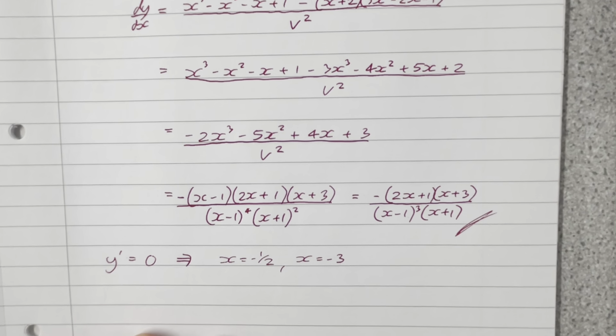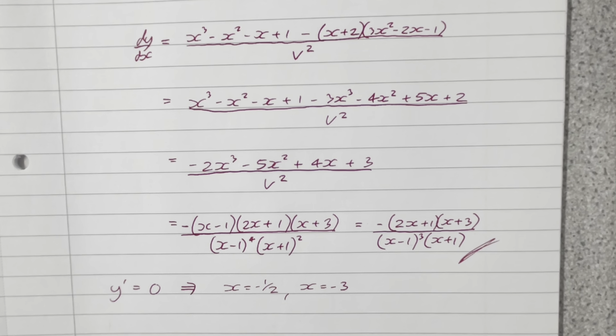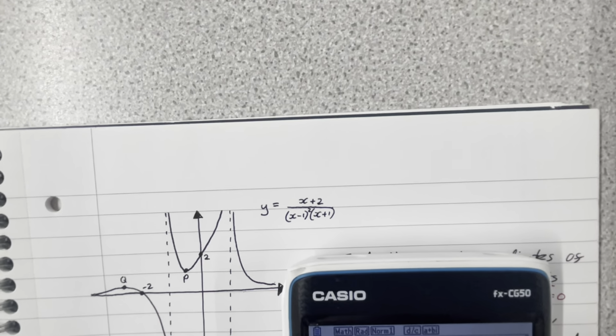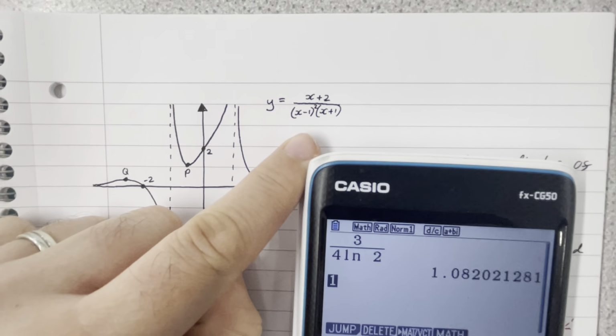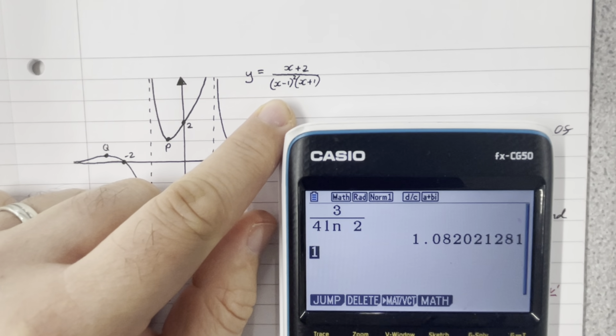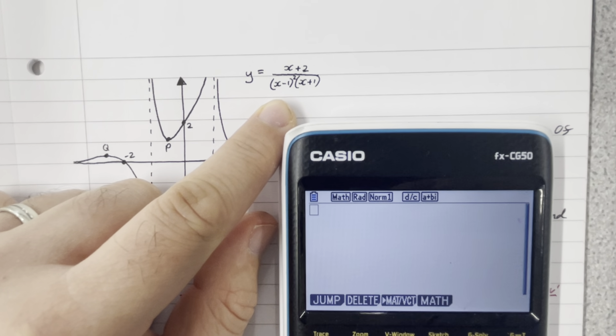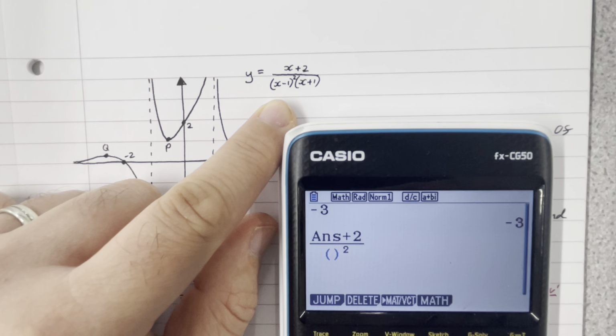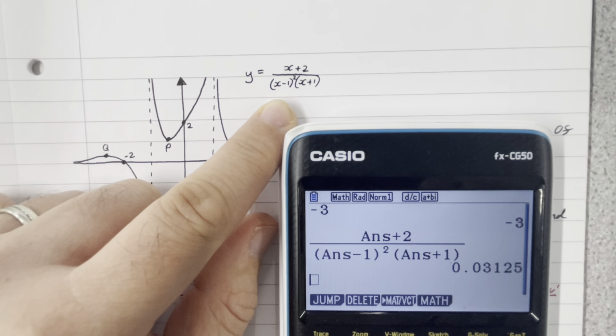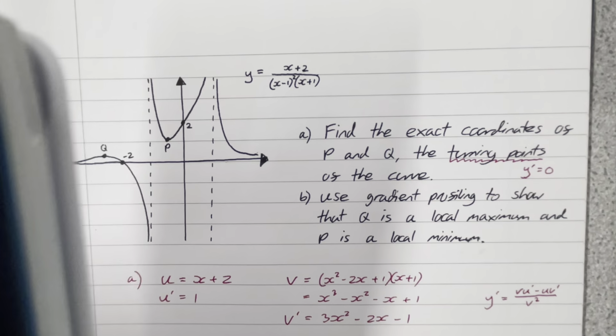To get my y coordinates, I need to plug those two values into the original function. So if I go into computation mode on the calculator, I'm going to type minus 3 into there. If I do minus 3, and then if I do answer plus 2 on the top, divided by answer minus 1 squared times answer plus 1, that's going to give me 1 over 32, which is 0.03125.